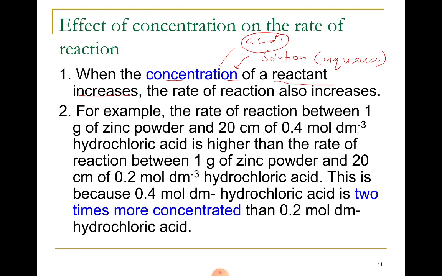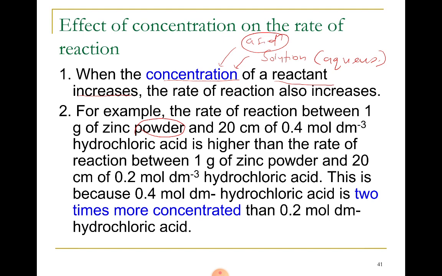Okay, for example, the rate of reaction between 1 gram of zinc powder. Okay, kalau di sini kita guna powder. Dua-dua eksperimen pun kalau kita nak compare the rate of reaction between the two experiments, but we want to study about the concentration, whether the concentration affects the rate of the reaction. Maksudnya kita kena make sure that only one variable, so kita hanya ada satu sahaja variable.